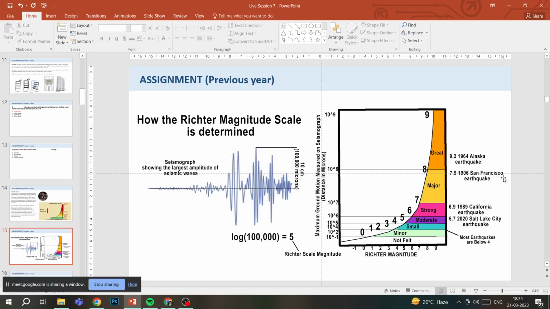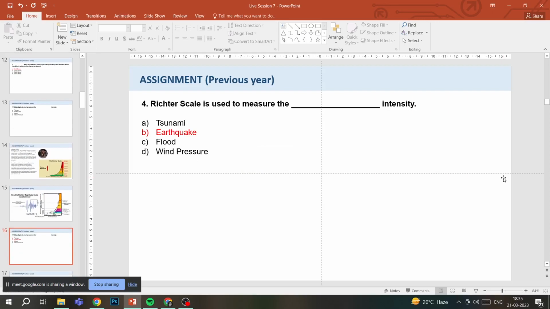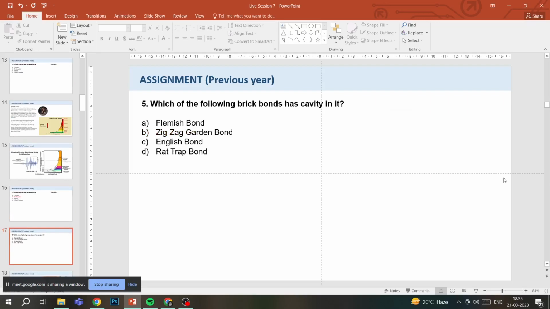That is recorded, then all those things are calculated and placed. If you can see in the Richter scale given here, some of the most famous earthquakes have been mentioned and where they lie: the Alaska earthquake, the San Francisco earthquake, the California earthquake, the Salt Lake City earthquake, and others. So, the Richter scale is used to measure earthquake intensity.